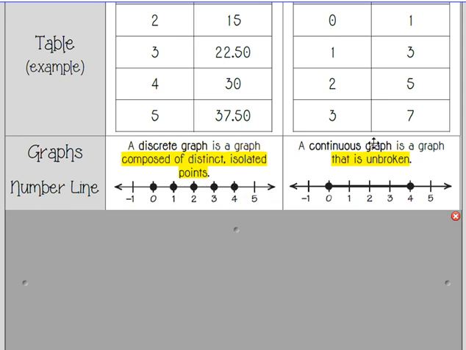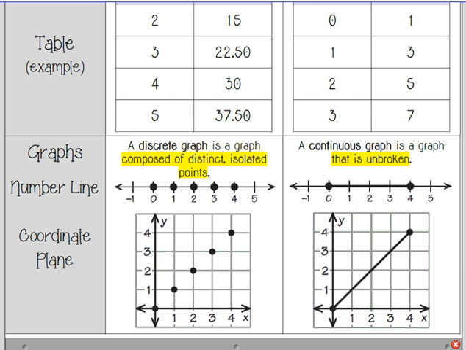Whereas a continuous graph is a graph that is unbroken. So you can see that we have the point 0 and 4 and all of the points in between. So the discrete graph didn't include any points in between 0 and 1. It included 0 and 1 specifically, whereas here you have all of those points. So that is using a number line.